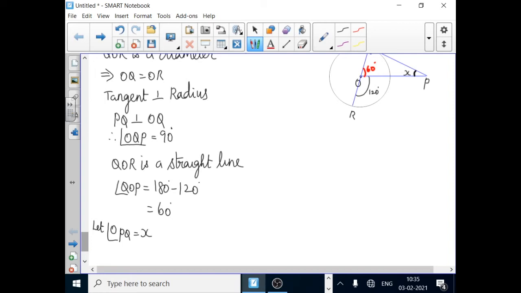We consider OPQ as a right angle triangle. We are not going to use the Pythagoras theorem, simply because no length is given, so we simply take it as a triangle. We know the sum of angles in a triangle is 180 degree.